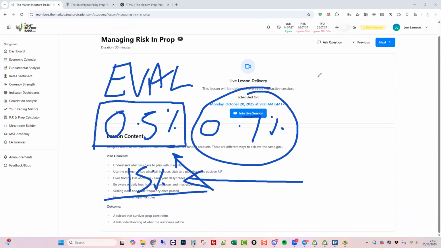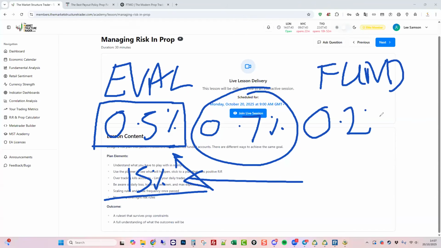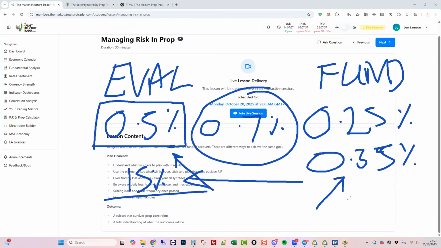Yeah, still aggressive. For funded, when you've passed your funded evaluation, you drop it down to 0.25 to 0.35 really is my max. And what you're doing here is you are still trading very high risk. The reason that we have to still have high risk, but nowhere near as high as in our evaluation, is we've got to get this account up to the targets they set us in evaluation for the vast majority of prop firms.